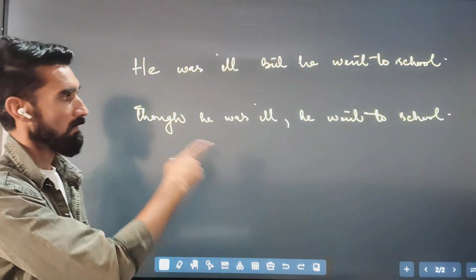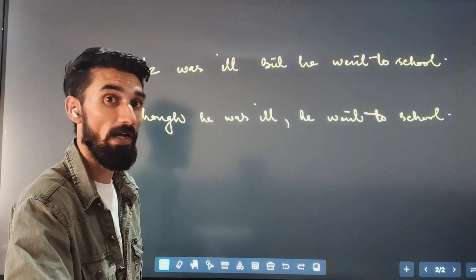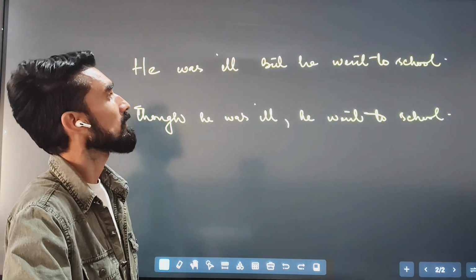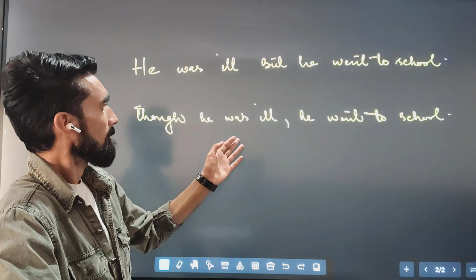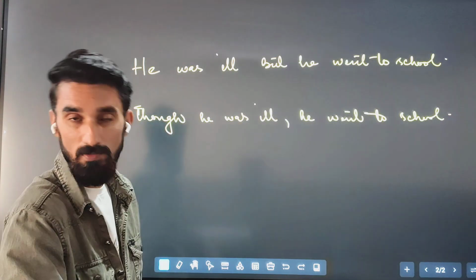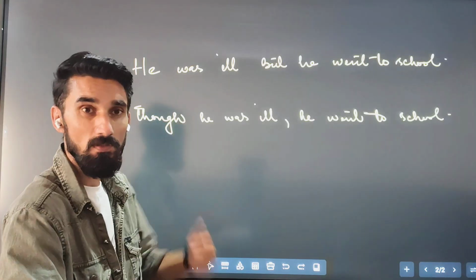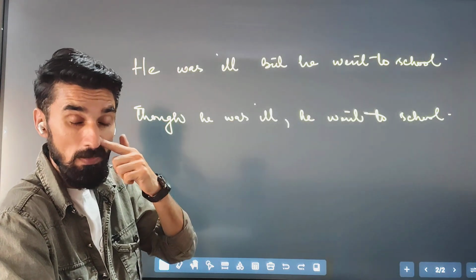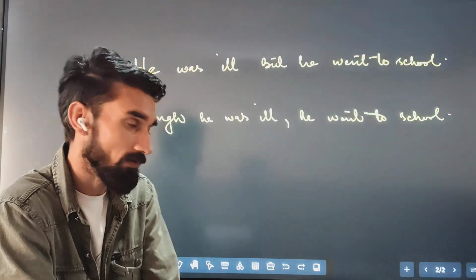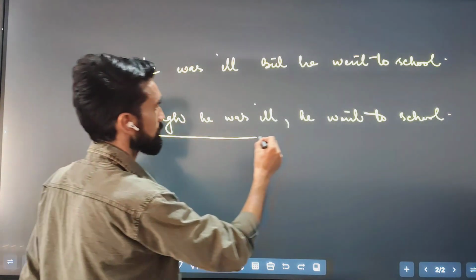Now, there again are two clauses here, as a complex sentence also has two clauses, but what makes the difference? In the compound sentence, you will find both of the clauses as independent, but in a complex sentence, both of the clauses will not be independent. One of them must be dependent or subordinate. So here, which one is the subordinate clause? It is the first one.